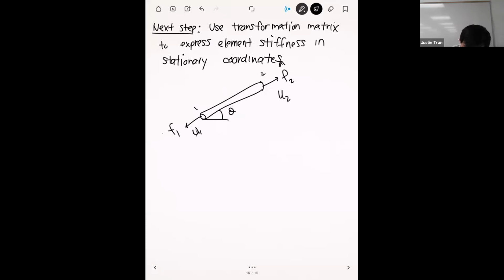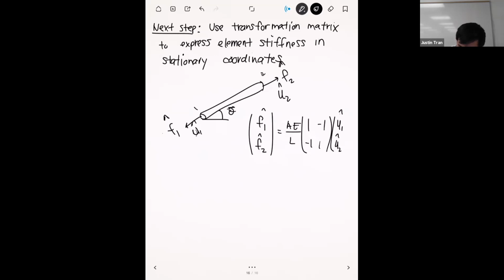All of these should have hats because they're in the local coordinates. From this, we can form our element stiffness matrix: F1 hat, F2 hat is equal to AE divided by L times [1, minus 1; minus 1, 1] times U1 hat, U2 hat.